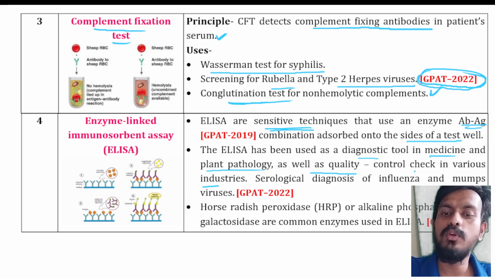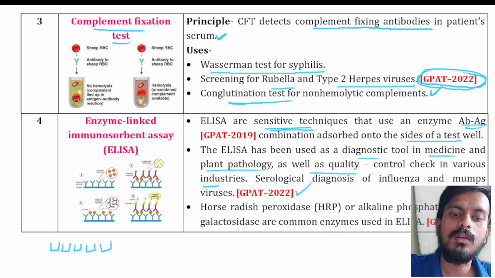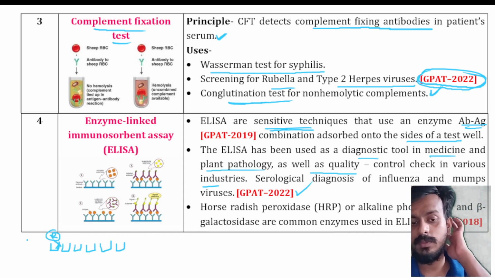It is also used for serological diagnosis of influenza and mumps virus. ELISA comes as a 96-well plate, initially treated with antibody.